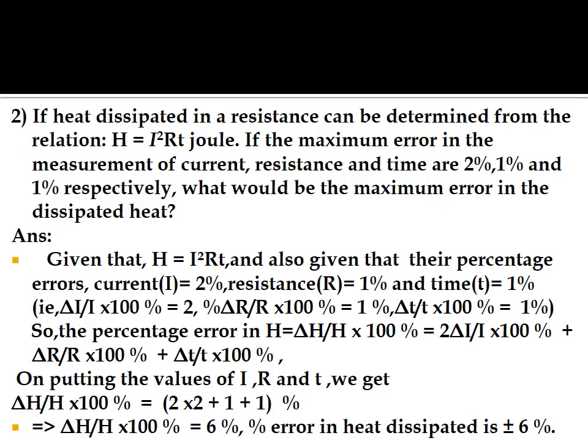On putting the values of I, R and T, we get delta H by H into 100% is equal to 2 into 2 plus 1 plus 1%, which is equal to 6%. Here we got the percentage error in heat dissipated is equal to plus or minus 6%.